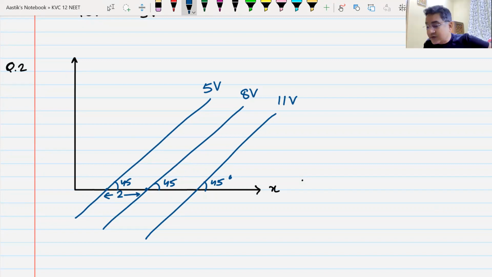You have to tell me first, what would be the direction of electric field lines? What will be the direction of electric field here? That is the first thing that I'm asking, my dear friends. If you can first tell me that, then I will move ahead in life.